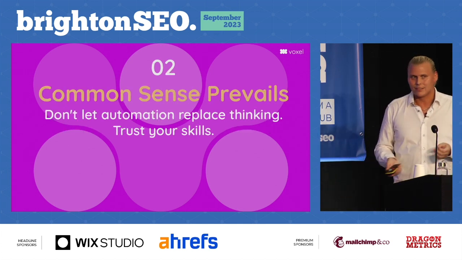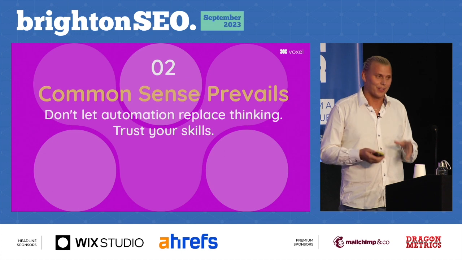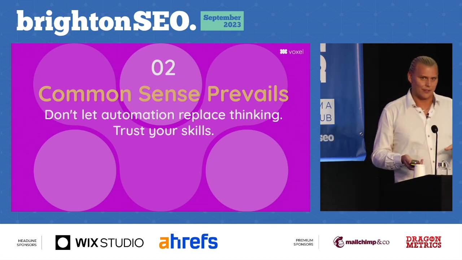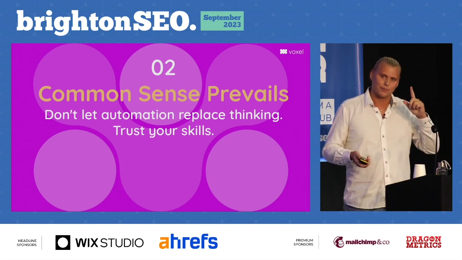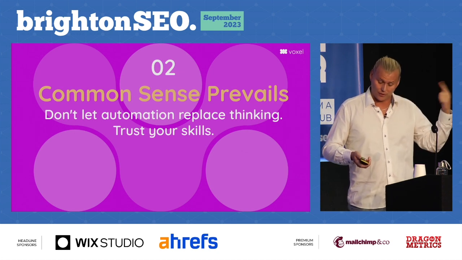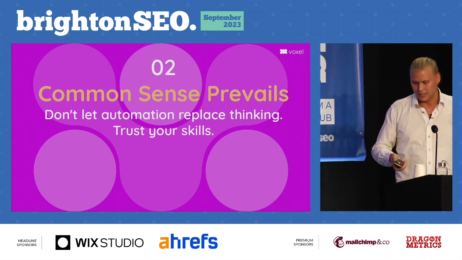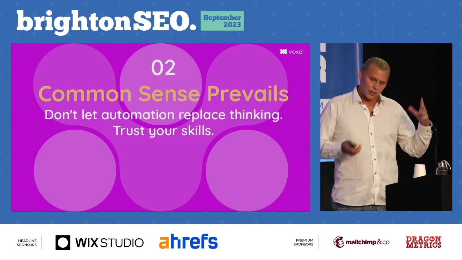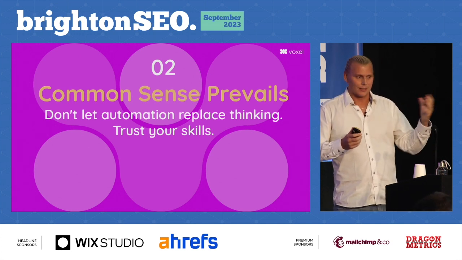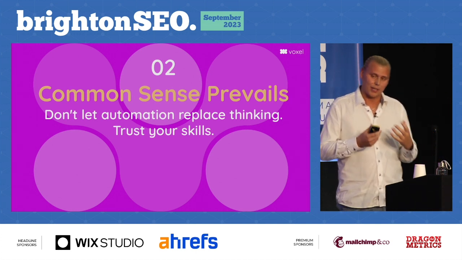The other one is common sense prevails. Don't let automation replace thinking, trust your skills. And for me, I think this one is a nice one if we go back to the first workflow in reactive, where we have the Screaming Frog crawl with the attached APIs, and the output is essentially an email in my inbox.